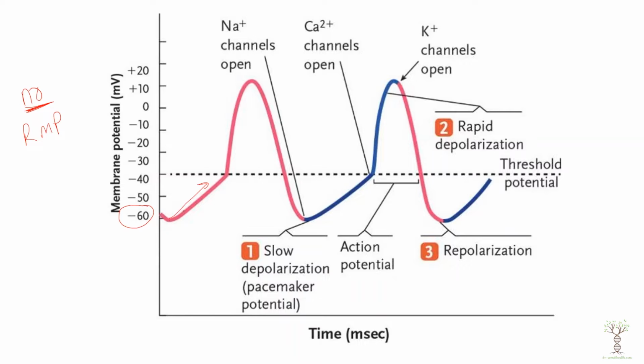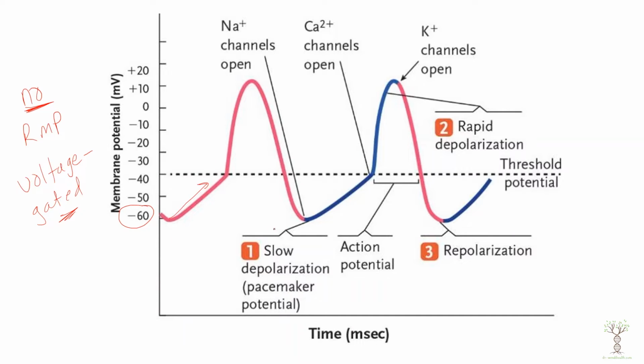And the charge is going to gradually, slowly start to depolarize. And then we have a rapid depolarization phase, and then a repolarization phase. And then it will begin again automatically. So all of the channels that are involved here are voltage gated, which means that they are opening or closing in response to a change in the voltage.